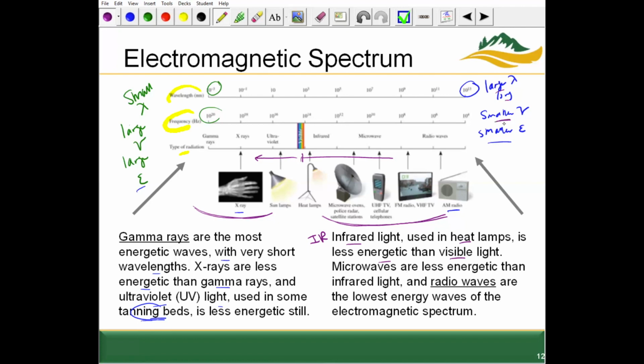Right, we're getting smaller frequencies, smaller energy. Microwaves then are less energetic than infrared light, and radio waves are the lowest energy waves of the electromagnetic spectrum. That means also they have the highest wavelength then, right? So be really comfortable connecting wavelength, frequency, and energy.